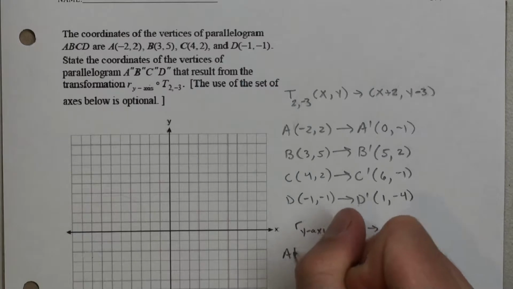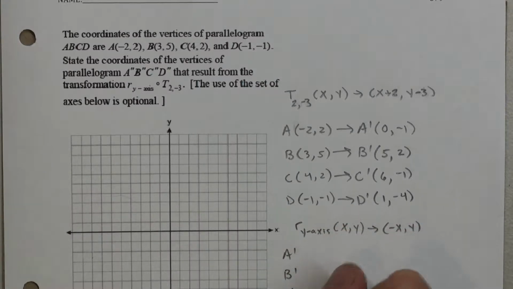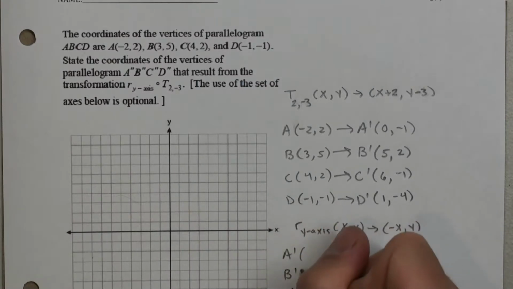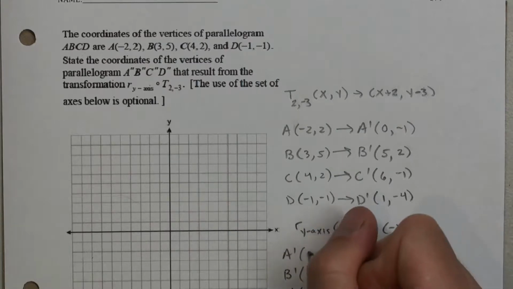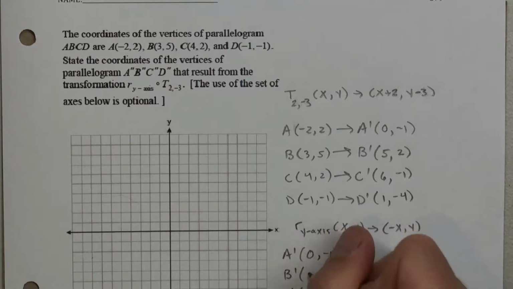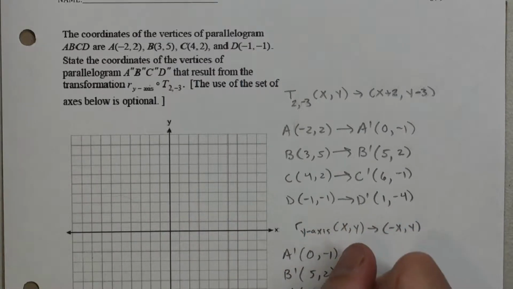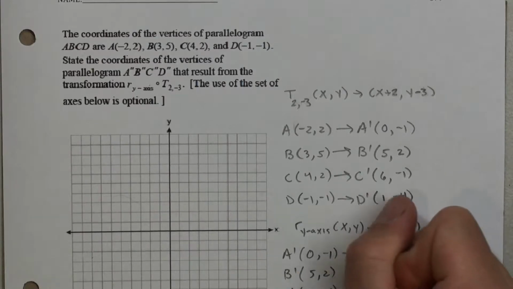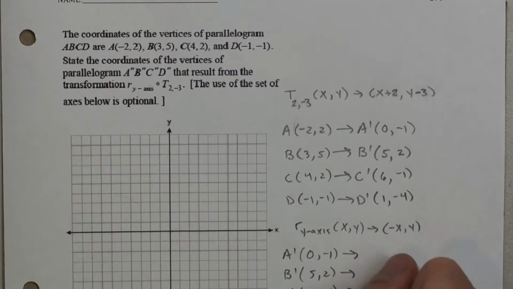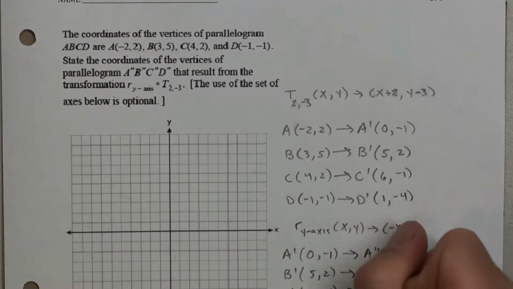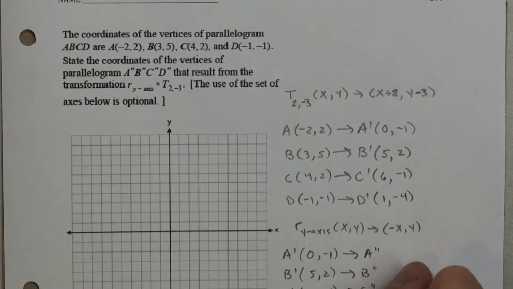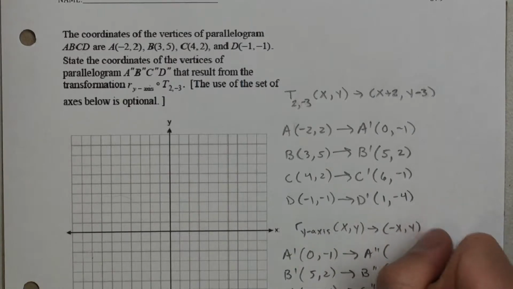So A prime, B prime, C prime, and D prime, which I know are the values I just found above, will now become A double prime, B double prime, C double prime, D double prime.